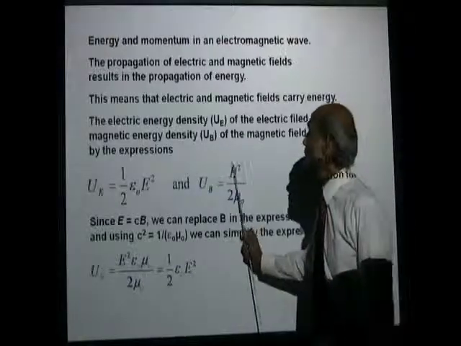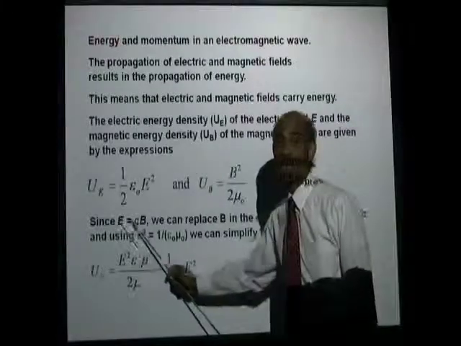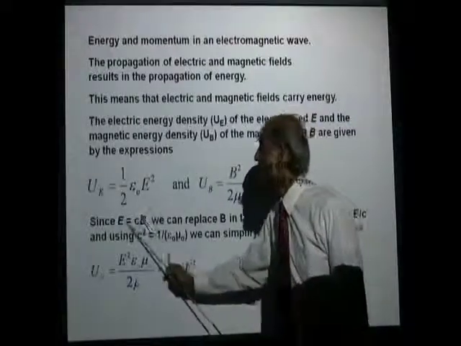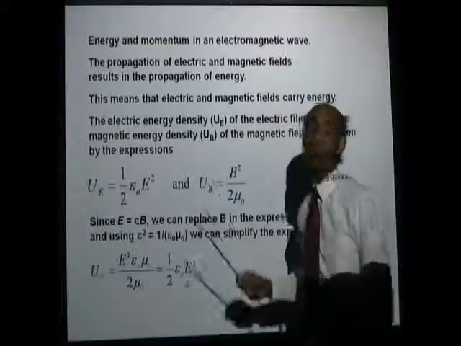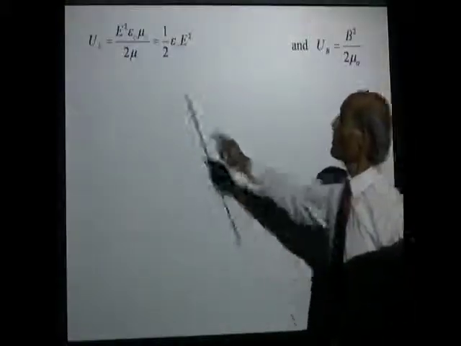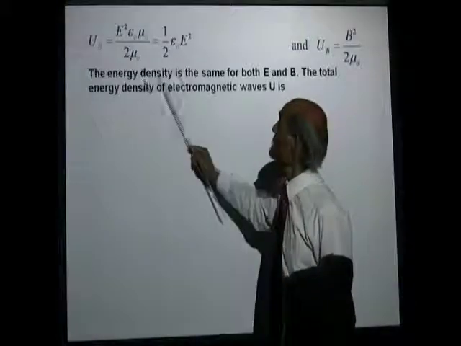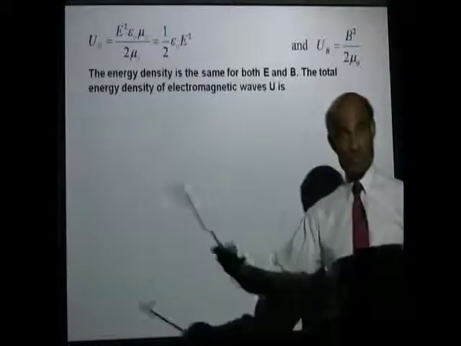That means if you replace B using E equal to CB by E over C, you will see UE and UB really have the same magnitude. So, the energy density is the same for both E and B. That's what we just showed.